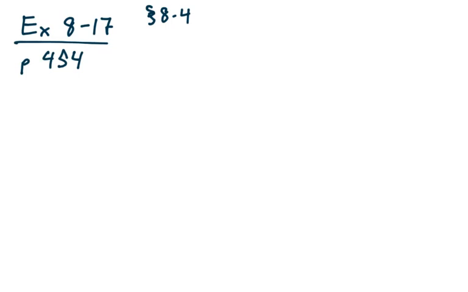A researcher claims that, based on information obtained from the Centers for Disease Control and Prevention, 17% of young people ages 2 through 19 are obese. To test this claim, she randomly selects 200 people ages 2 through 19 and found that 42 were obese. At alpha equals 0.05, is there enough evidence to reject the claim?